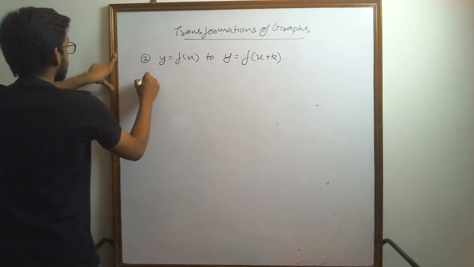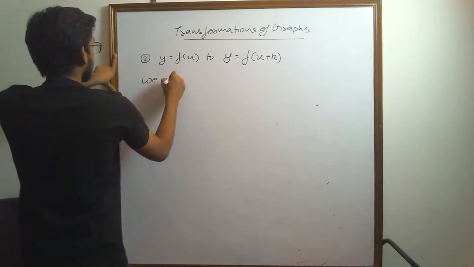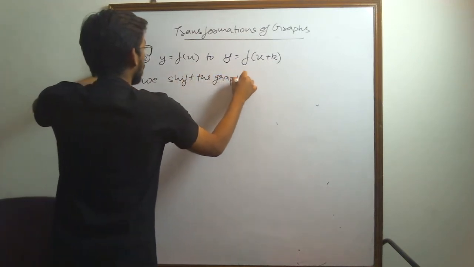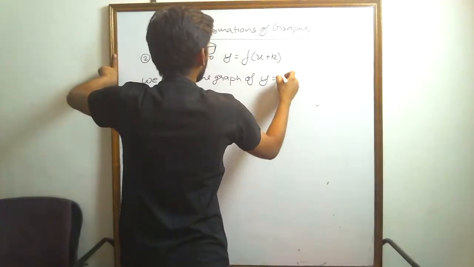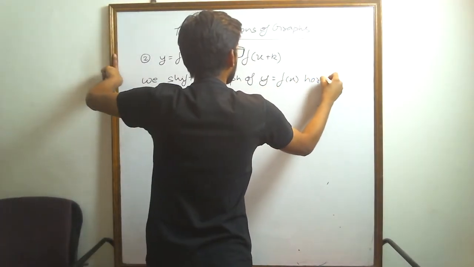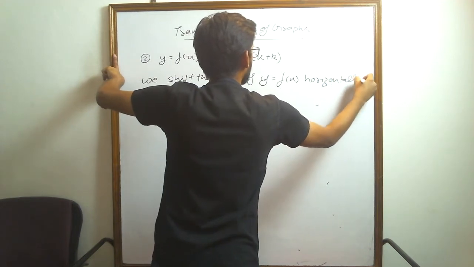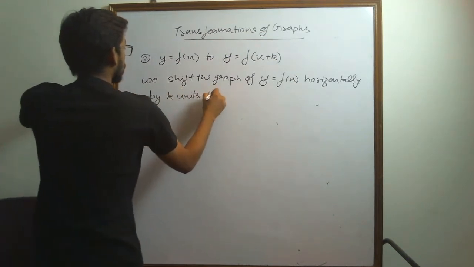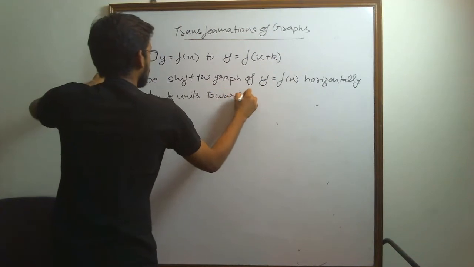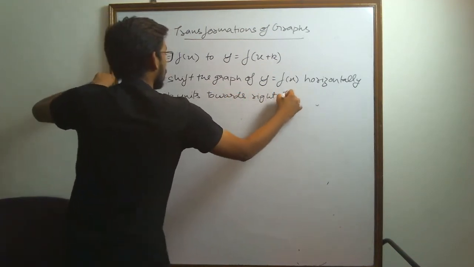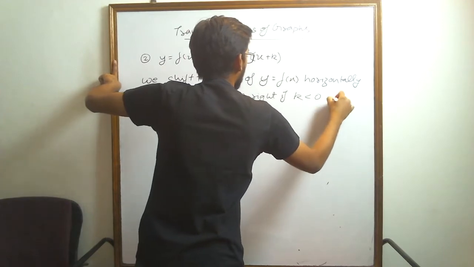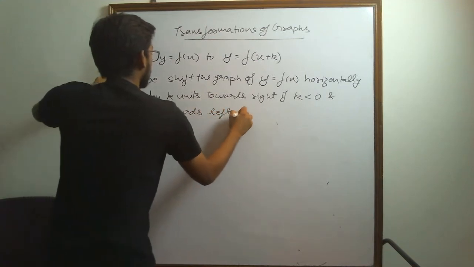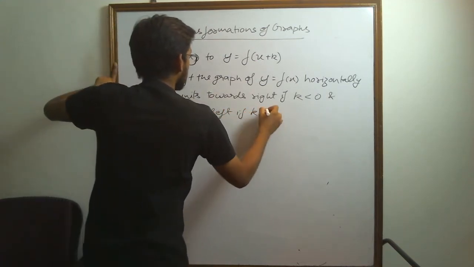The transformation we do here is we shift the graph of y is equal to f of x horizontally by k units towards right if k is negative, and towards left if k is positive.